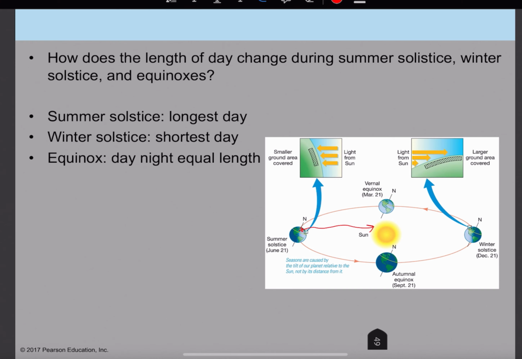So the summer solstice is going to correspond to the longest day. During the winter solstice, the northern hemisphere is pointing away from the sun, so getting less sunlight. So that would correspond to the shortest day. And the equinoxes are halfway in between, so day and nights are of equal length.